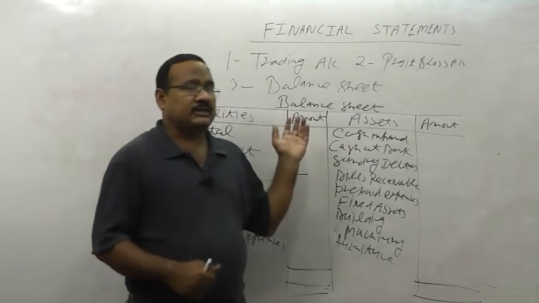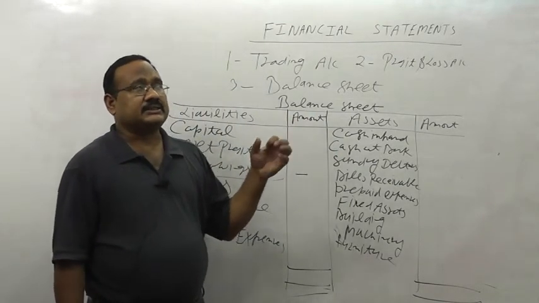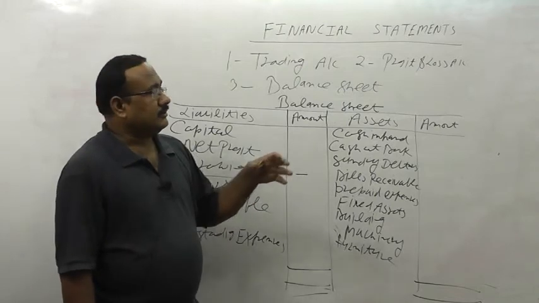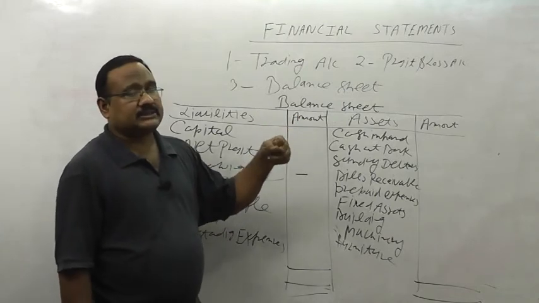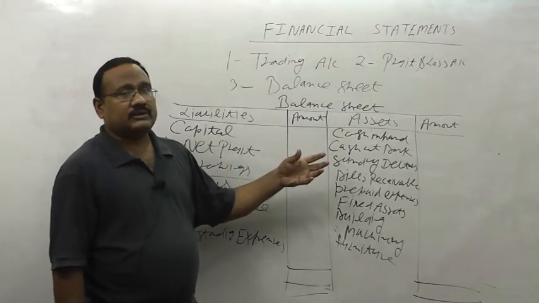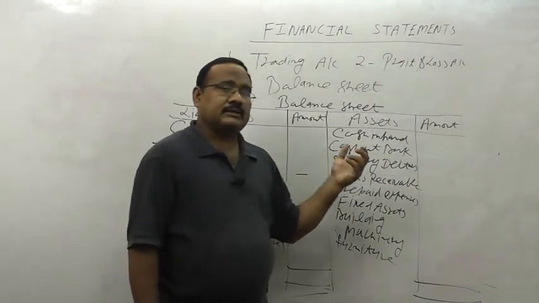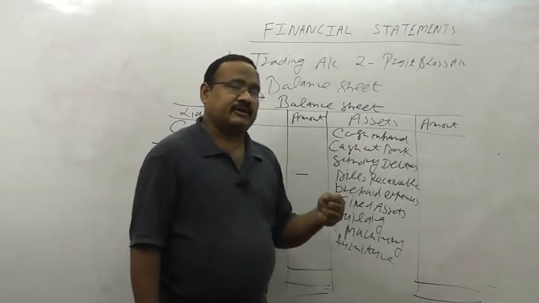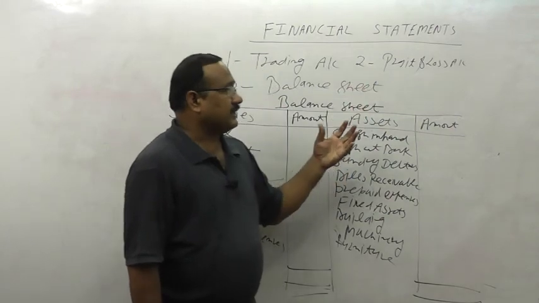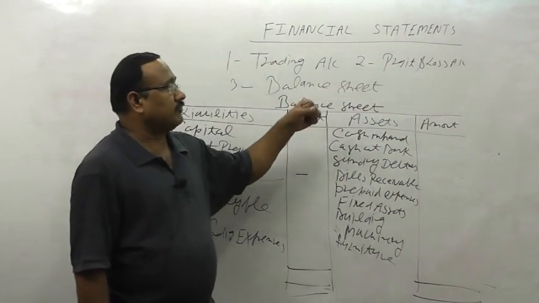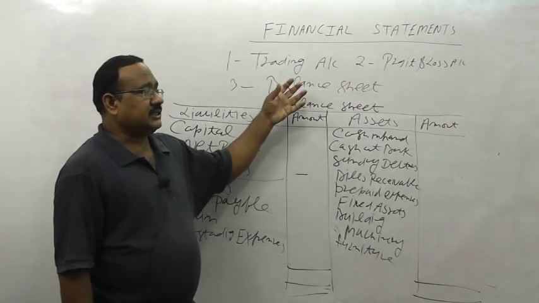It is in the horizontal form and the company's balance sheet is in the vertical form. By this way, we prepare the balance sheets, trading account, profit and loss account of sole proprietor and partnership firm. So this topic is over. The format portion of financial statement is over.